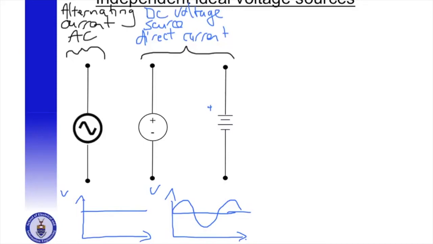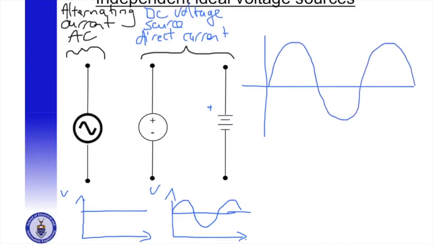jargon. So if we look at the AC source, which typically produces a sine wave, then some other important terminology to know. Okay, so this is a voltage, and this is time.